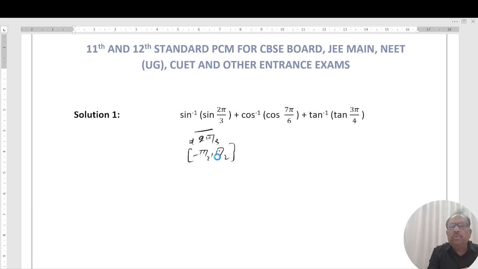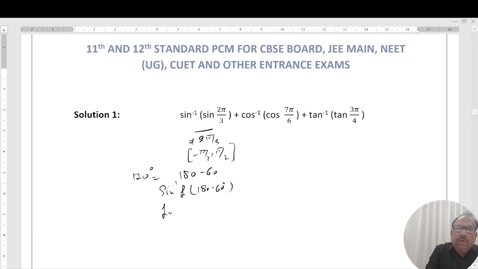To reduce it into the interval, 2 pi by 3 is 120 degree. 120 degree can be written as 180 minus 60 degree. Then this can be written as sine of inverse sine of 180 minus 60.